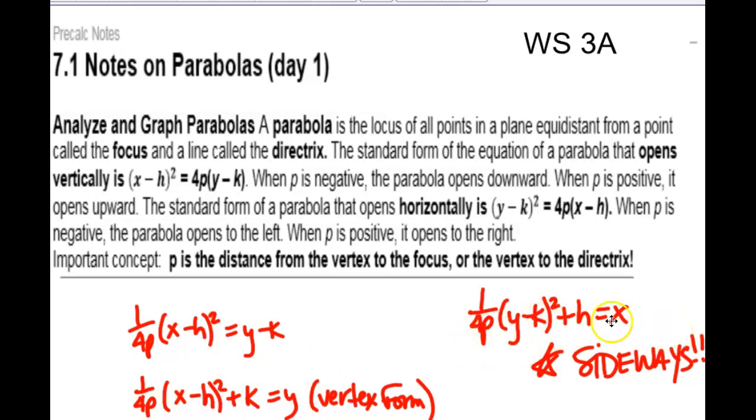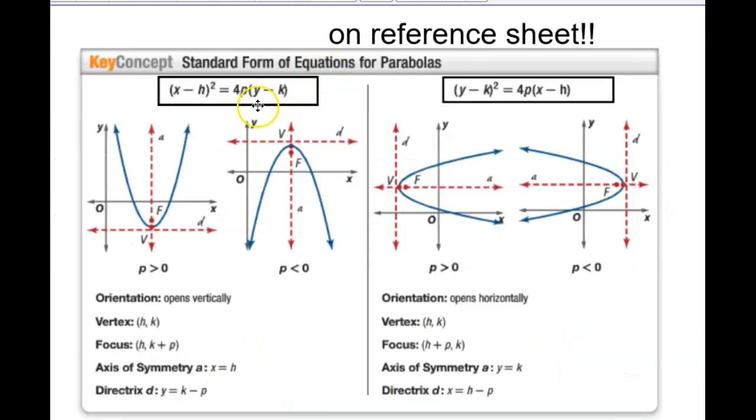So this is kind of vertex form, but we are not using vertex form. Do you see that the 1 over 4p has not been divided over to the other side? The 4p is on the non-squared side. Does everybody see what we're talking about? The squared is over here. The 4p goes here.